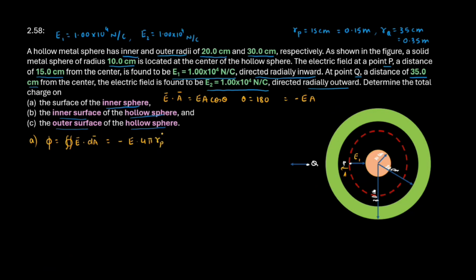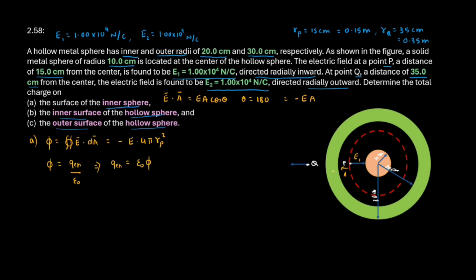Now we know from Gauss's law, flux through any closed surface is numerically equal to the charge enclosed by the surface over epsilon naught. So I can find the charge enclosed by my Gaussian surface to be equal to epsilon naught times the flux through it.